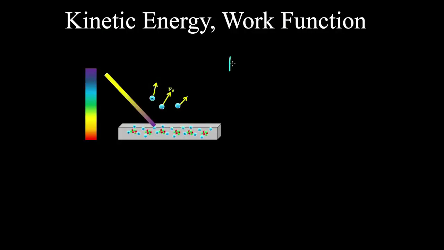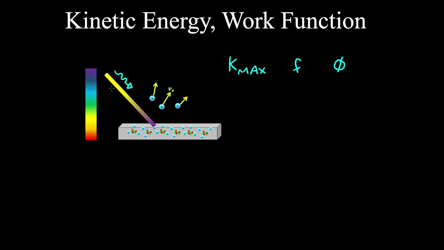The maximum kinetic energy of an emitted electron is related to the frequency of the incident light on the material's surface and the work function of the material. So the work function of the material is the minimum energy required to emit an electron from the surface of the material.